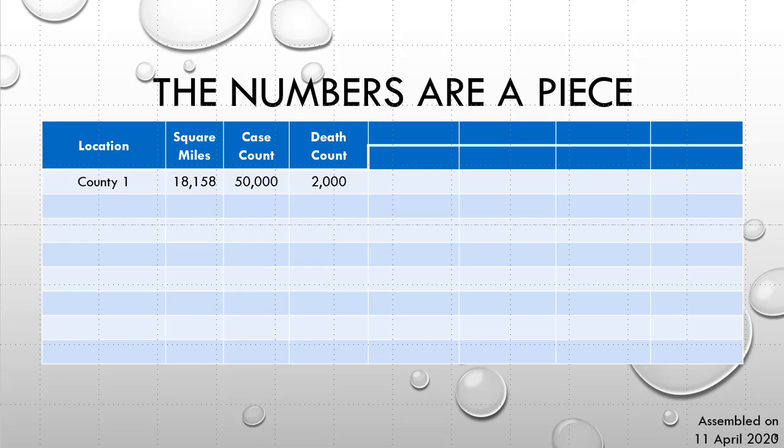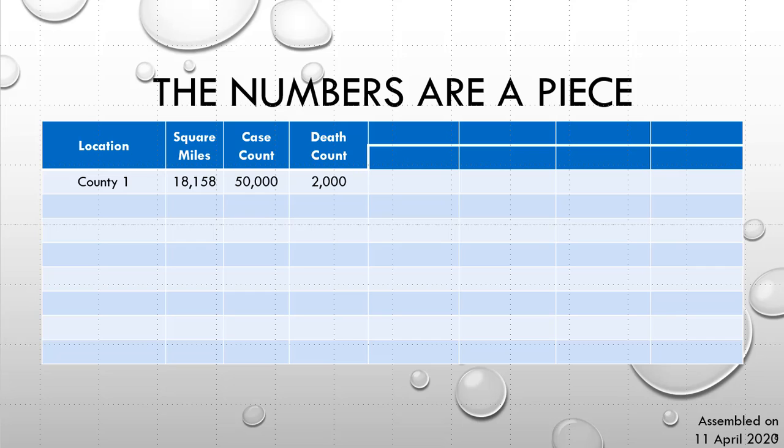Now, to start with, I have a theoretical proposition for you where you could move to one of two different counties. If I told you that County 1 was 18,158 square miles, and that's a real county size, by the way, and it had 50,000 cases of COVID-19 and 2,000 deaths, both of those last numbers being just made up.